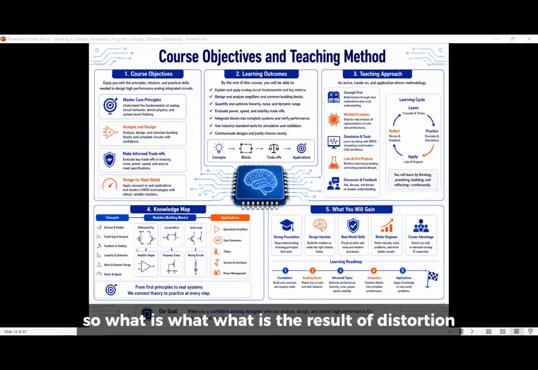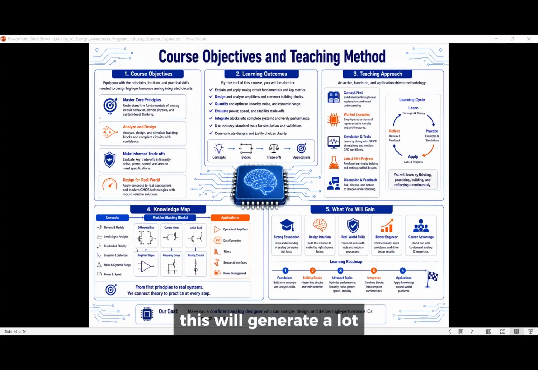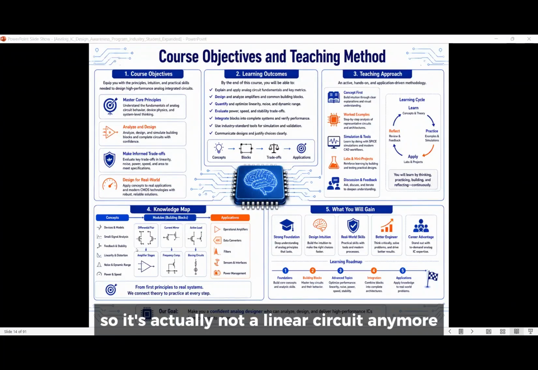So what's the result of distortion? From our signal processing knowledge, this will generate a rich set of harmonics that distort the subsequent circuit. So it's actually not a linear circuit anymore. It instead becomes a non-linear circuit because it generates harmonics of the input, right?